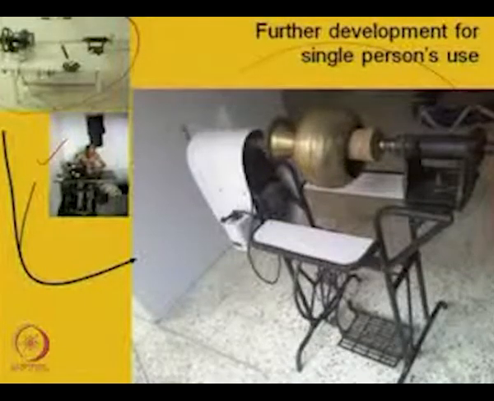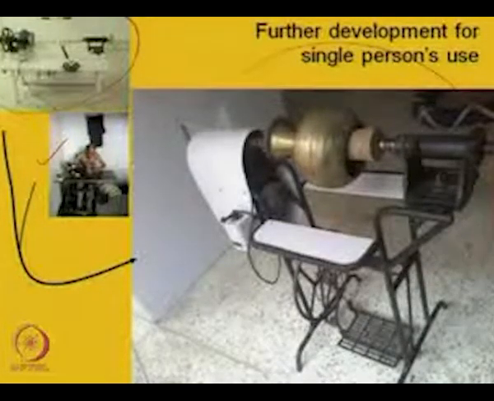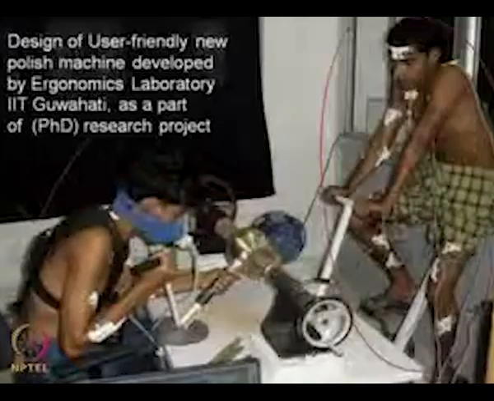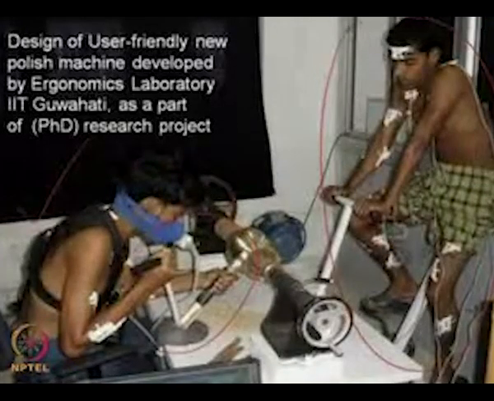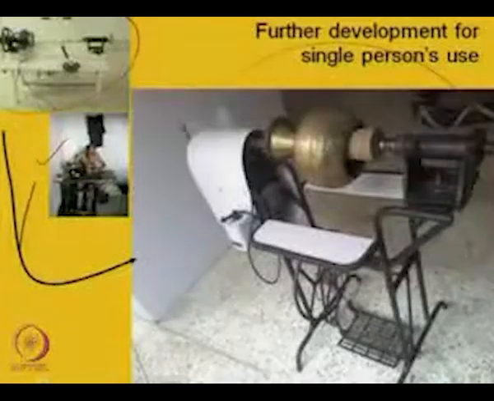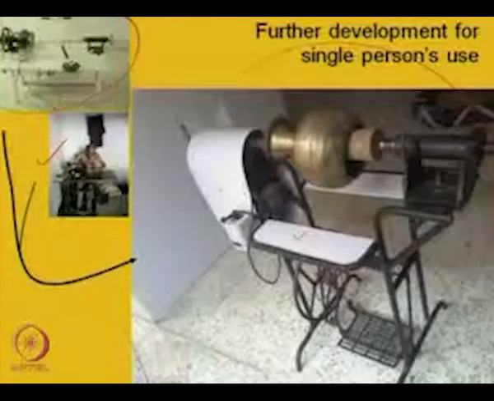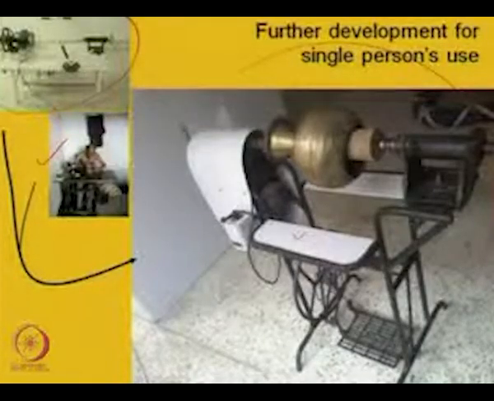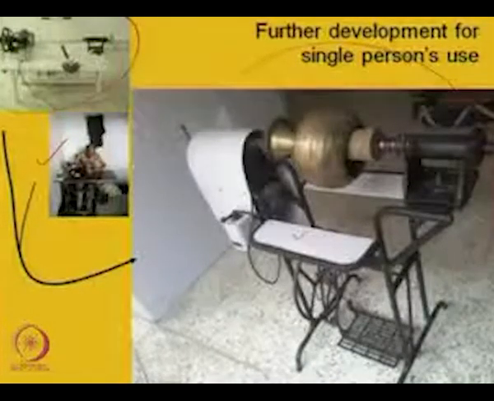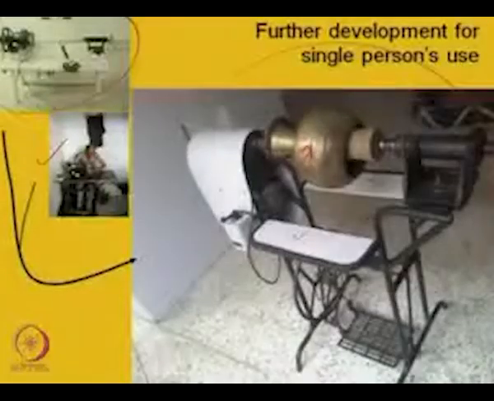Here we do not require any holder kind of thing, because with this area, from this side or the opposite side, he can put the elbow, then hold the knife and polish it here. So, that component was reduced.